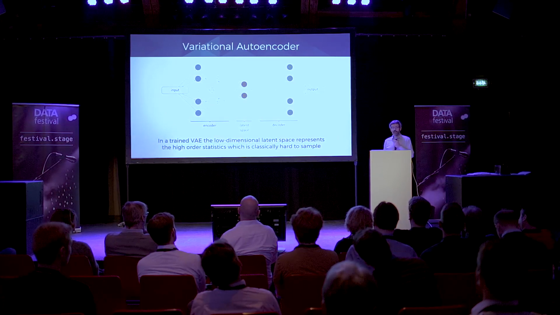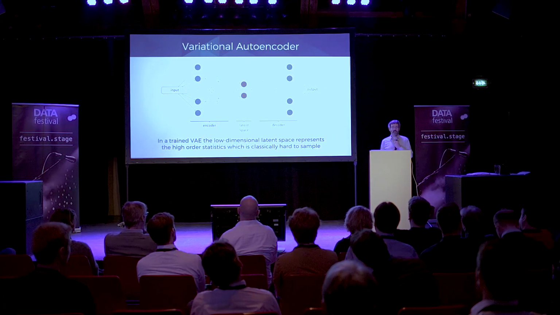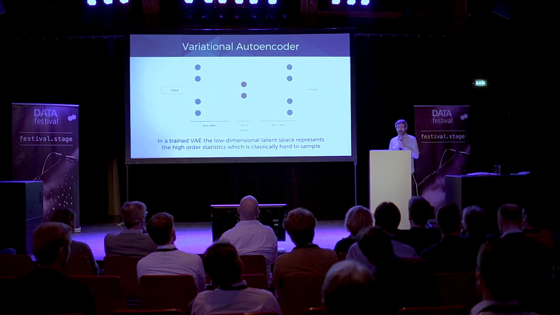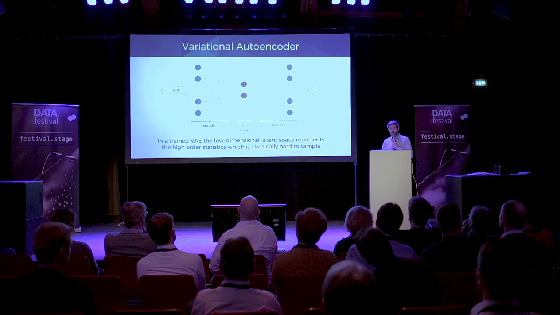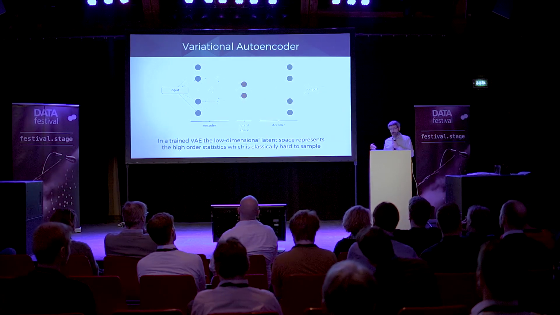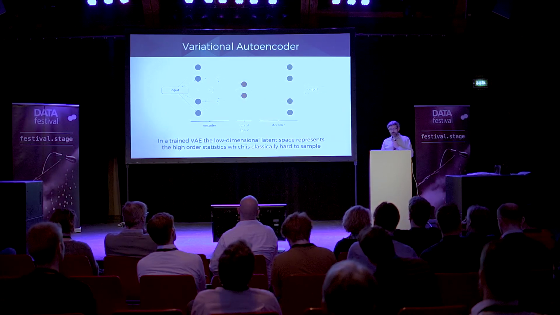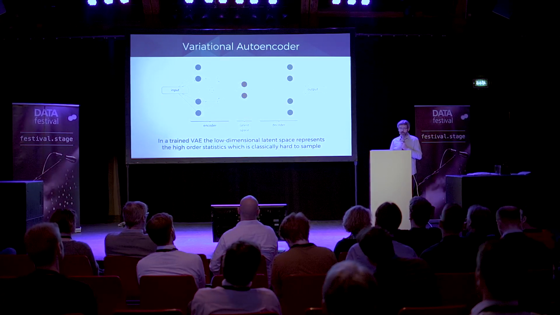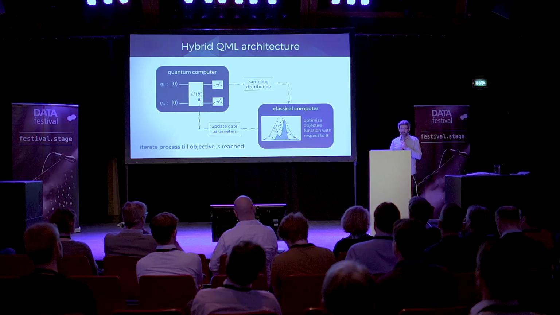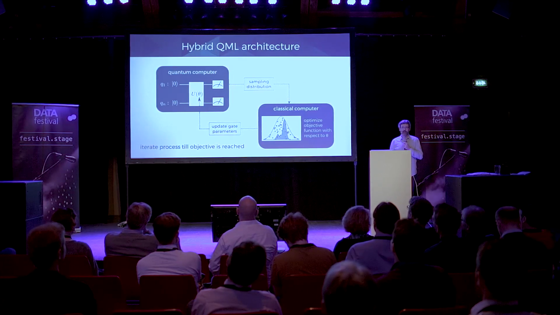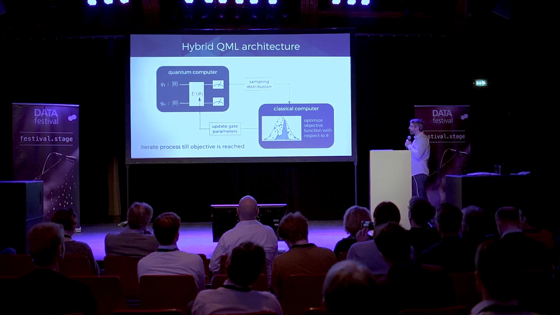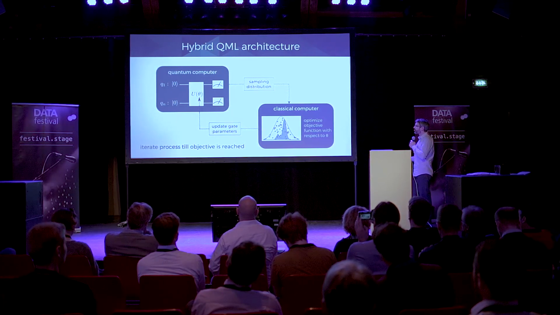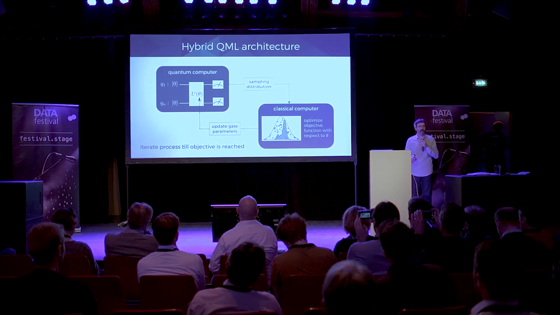So that's where you make errors that might influence the output of your network and the security. But as mentioned before, the sampling can be done efficiently via quantum devices. So what is done extensively is using hybrid architectures, in the sense that you still have all the main components of the network in a classical computer, and the latent space you encode in a quantum chip.